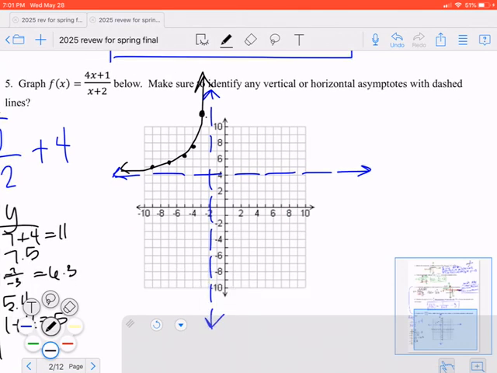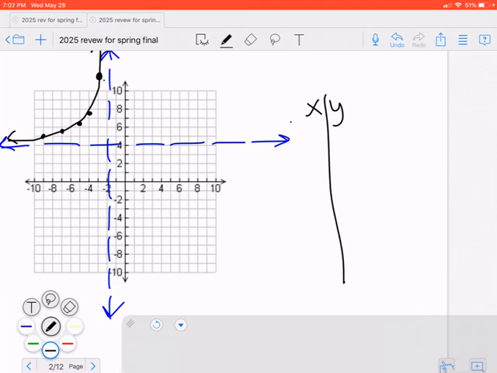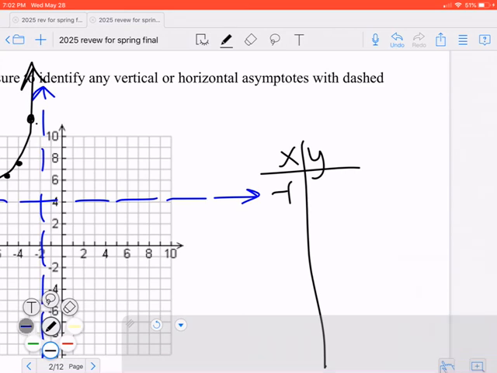So there's that branch. And now we want to plug in x values to the right of negative 2. So we'll start with negative 1. I'm going to rewrite my equation right here so that I can look at it. Negative 7 over x plus 2 plus 4. Negative 1 plus 2 is 1.